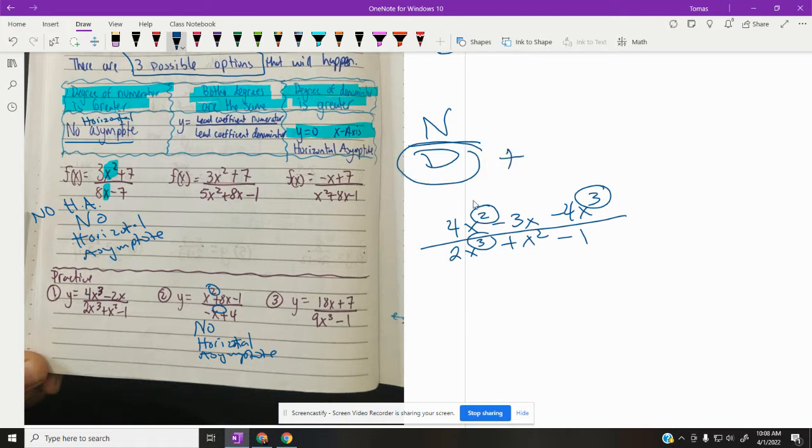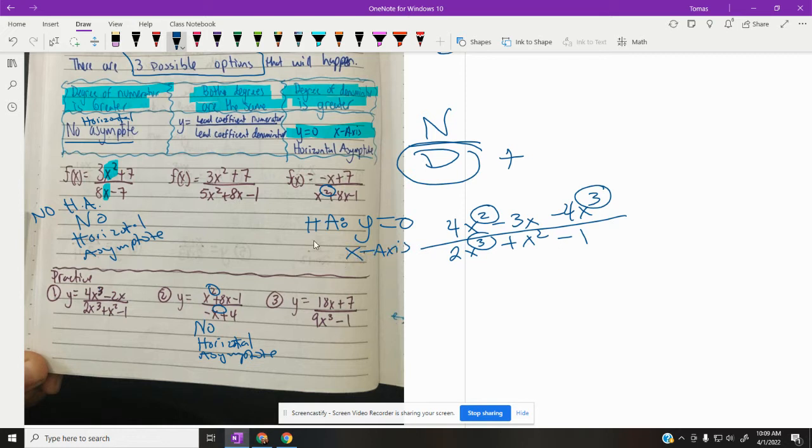I'm looking at this one right here. If the denominator is greater, then it's automatically, without a doubt, no questions asked, the horizontal asymptote will be y equals 0, or the x-axis.